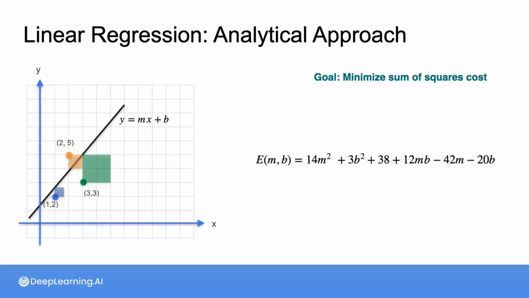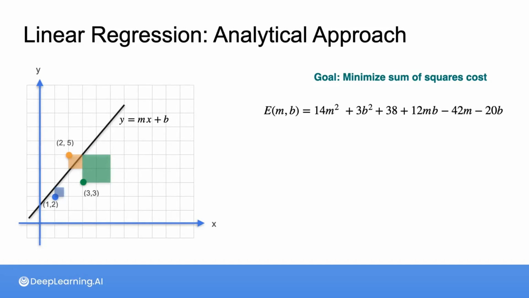And that is the cost function that we want to minimize. So we want to find the m and b that make this expression E of m, b the minimum. But we know how to do this already. All we have to do is calculate the 2 partial derivatives, ∂E/∂m and ∂E/∂b, set them both equal to 0, and then solve for m and b.